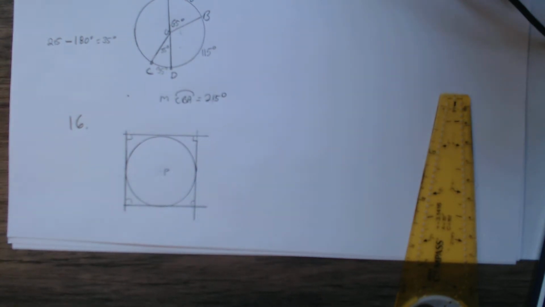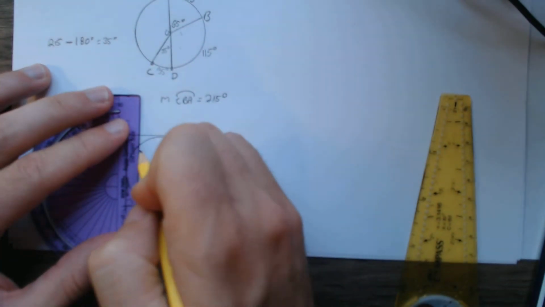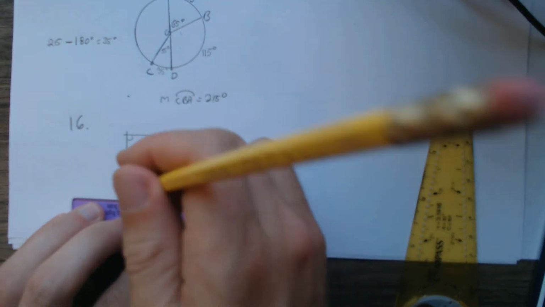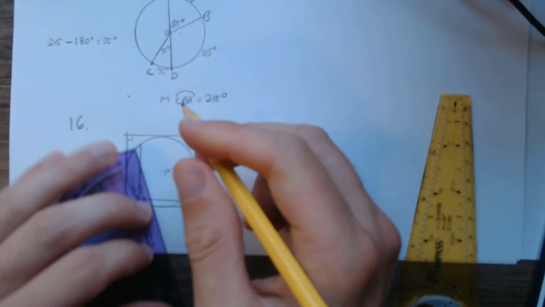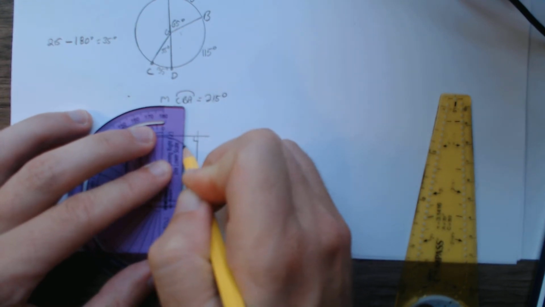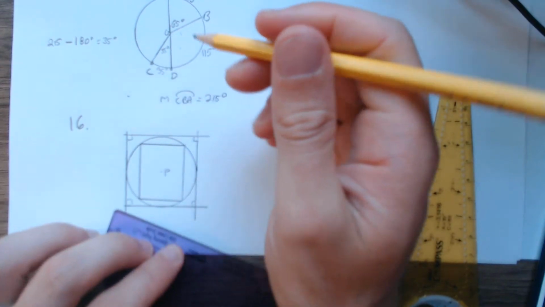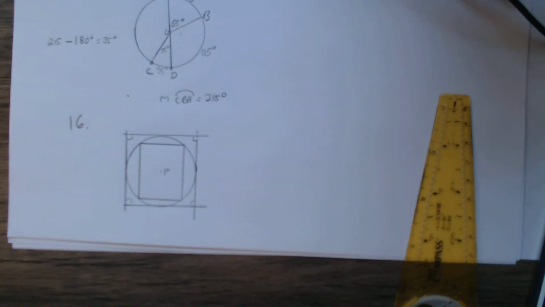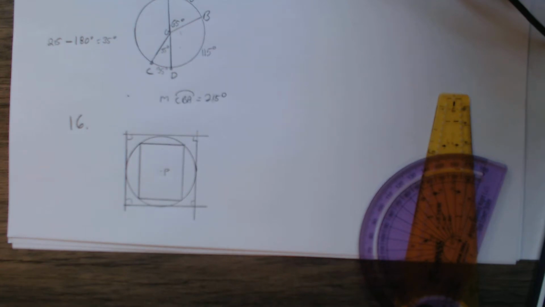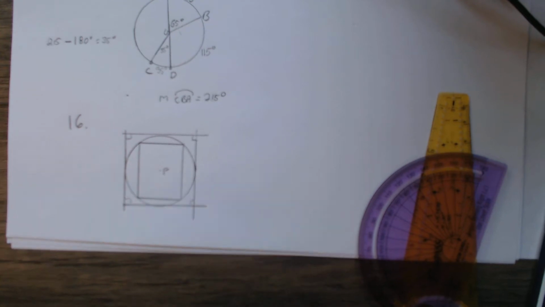Sketch a rectangle inscribed in circle P. And so let's inscribe, so I'll just do the same thing. Okay, and the question is, what do you notice? Do you think this is true for all rectangles?